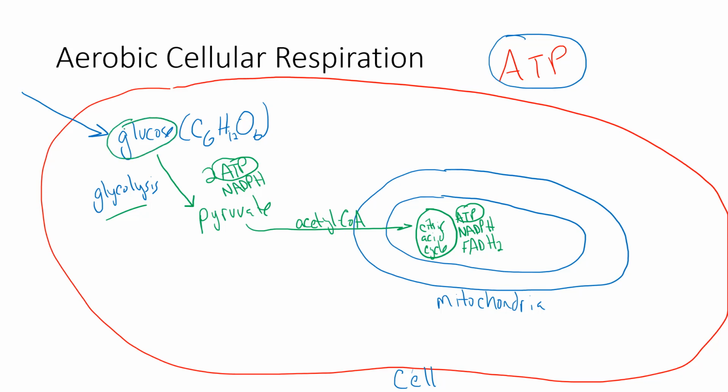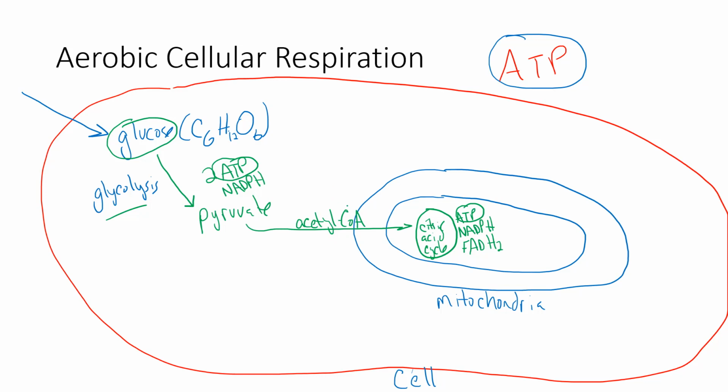Glucose is always used as an example because more ATP can be produced using glucose than any other form of chemical energy. But there are other forms of chemical energy that can be used to produce ATP, but we're going to focus on glucose. The process is more or less the same with these other molecules as well.